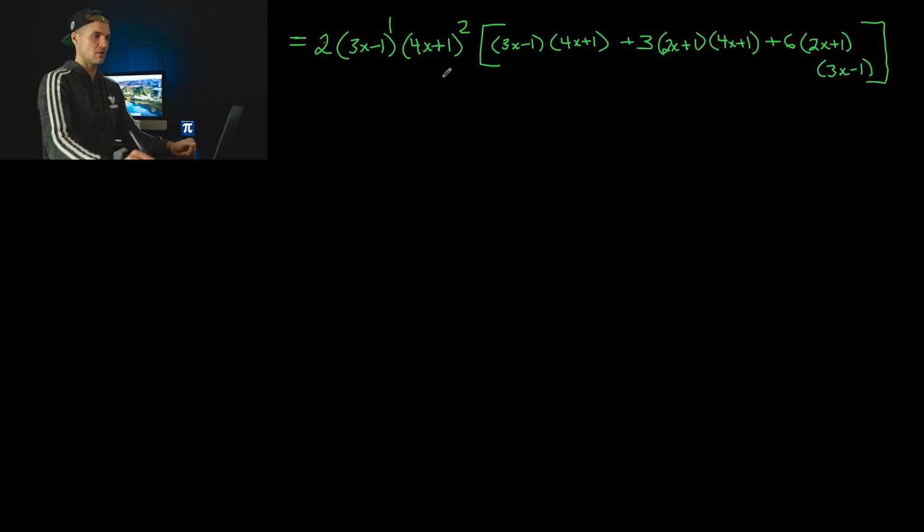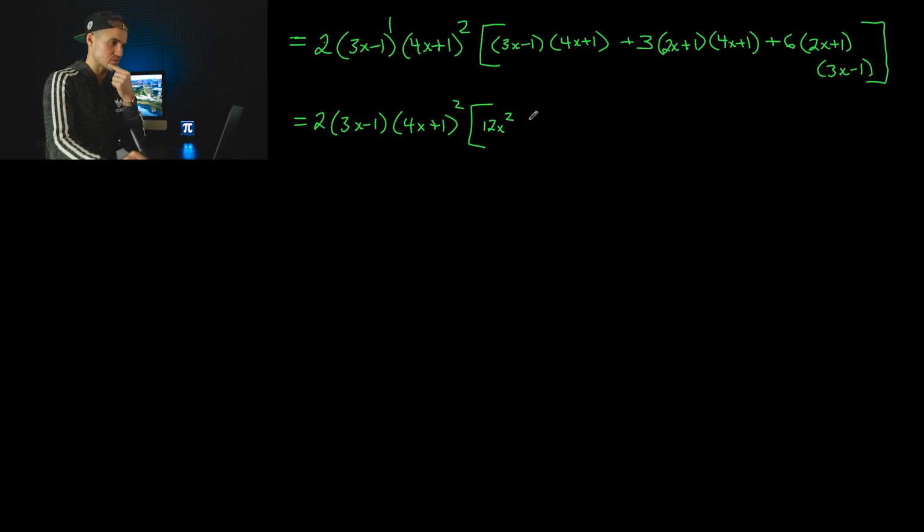And then from here, all that is left to do is to expand this large bracket, right? So these factors here, let's keep as they are. And then the expansion here is going to be quite crazy. So let's see what happens. So we'll have 12x squared minus 4x plus 3x. That would give us minus x minus 1 plus 3.